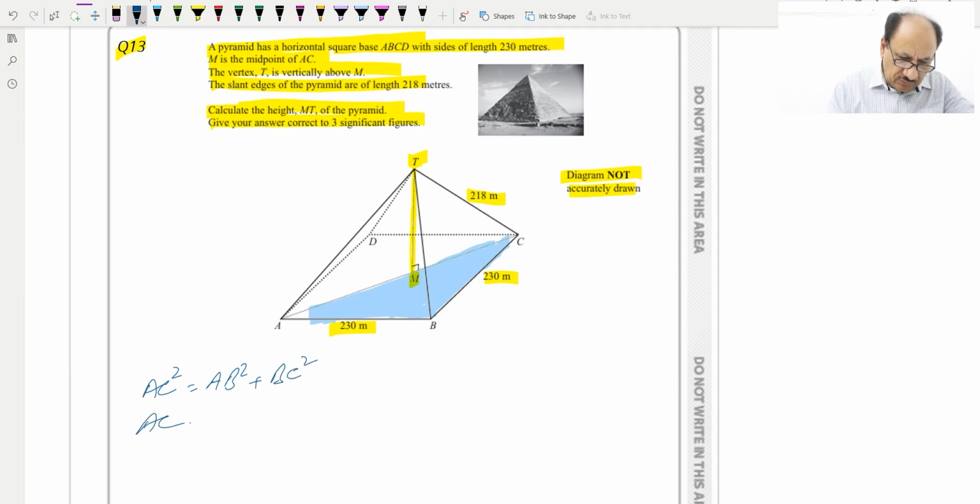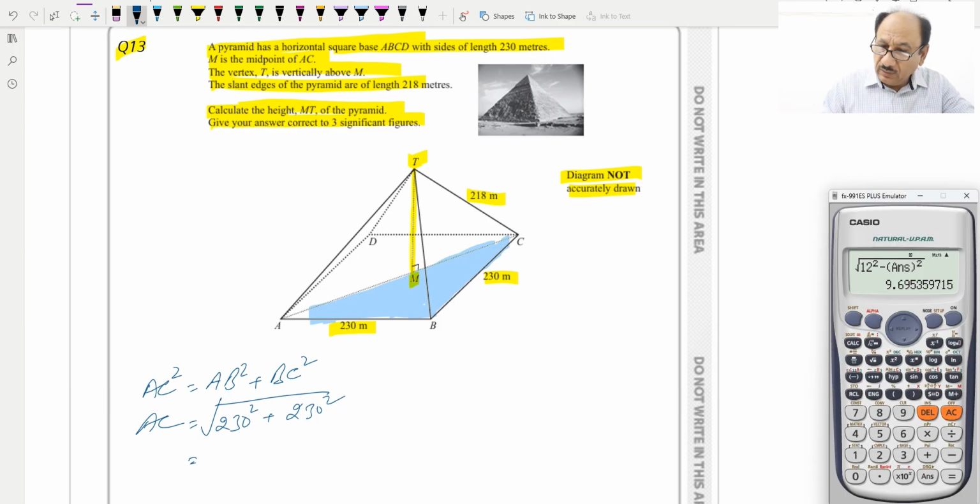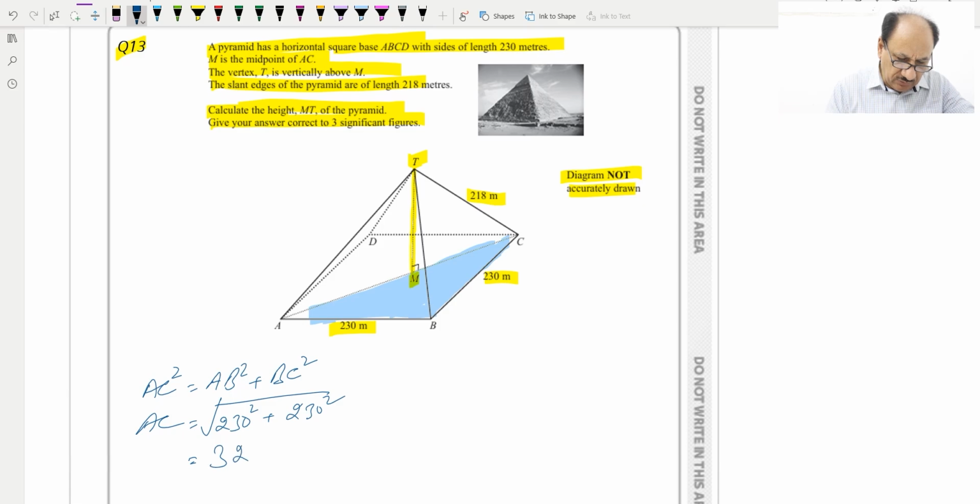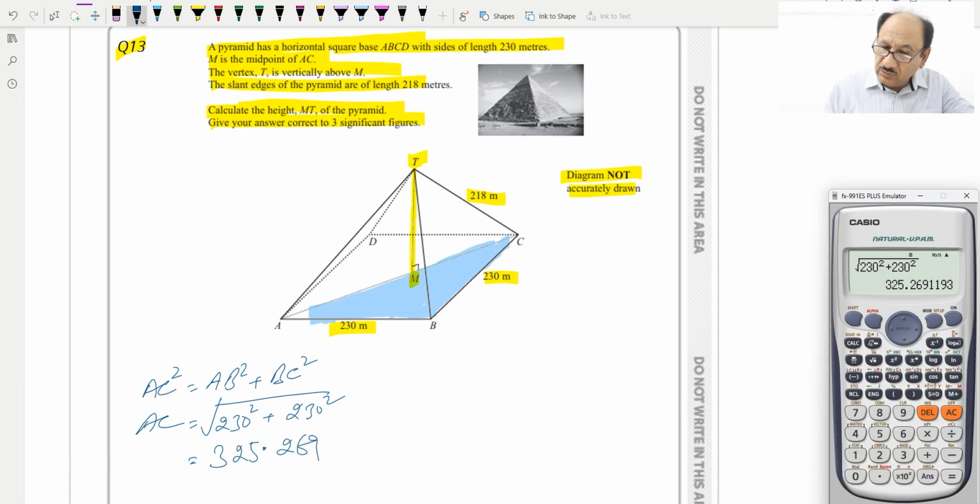So AC will be equal to square root of 230 square plus 230 square again, because it is a square pyramid, and this will be 325.269.